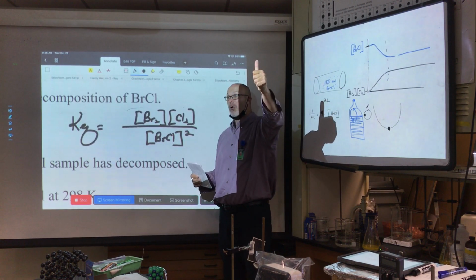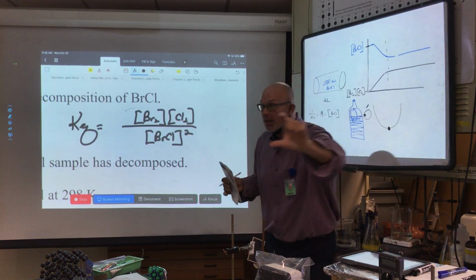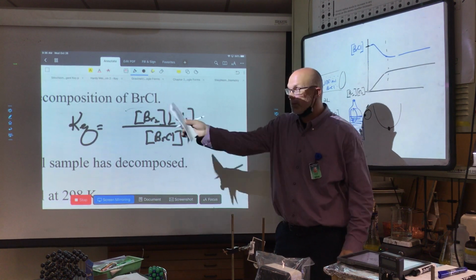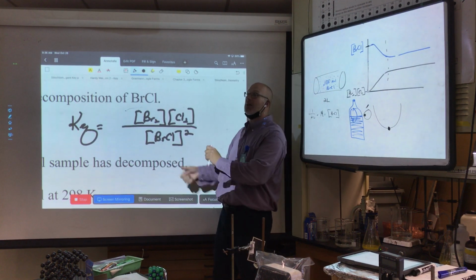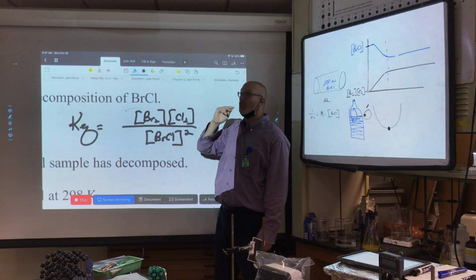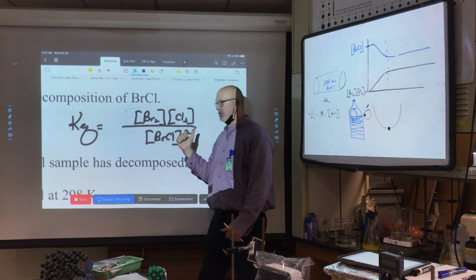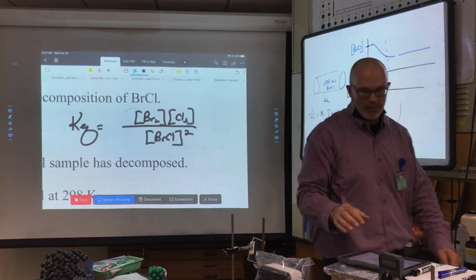Reactions that go to completion, like the demonstration I did or the labs we've been doing, have tremendously high K values, basically approaching infinity. They're not even really equilibrium, they're completion reactions. But this one isn't, because there's some reversibility here.